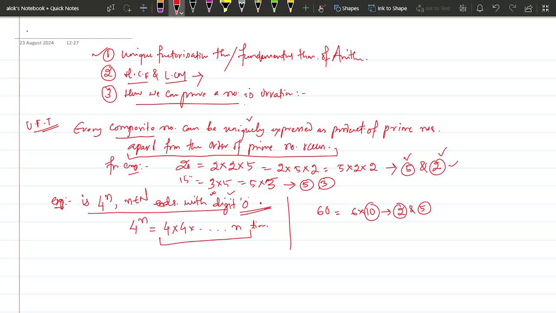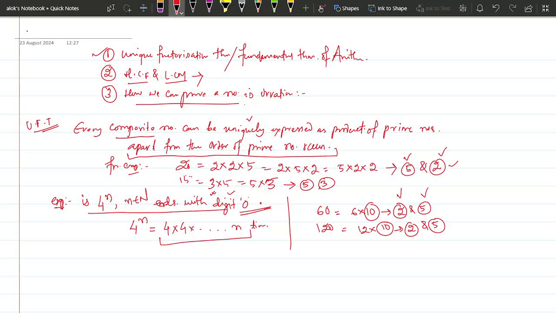Any number like 70, 100, 120, we can write with 10 as a factor, and 10 has only prime factors 2 and 5. So any number which ends with digit 0 must have factors 2 and 5.